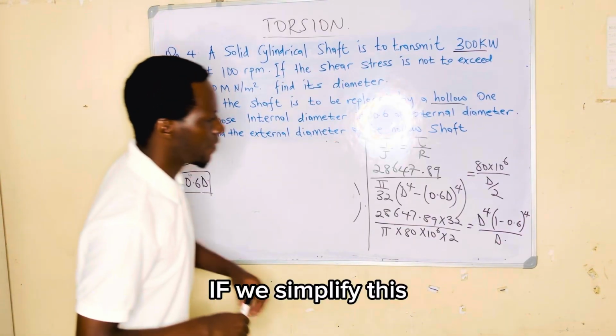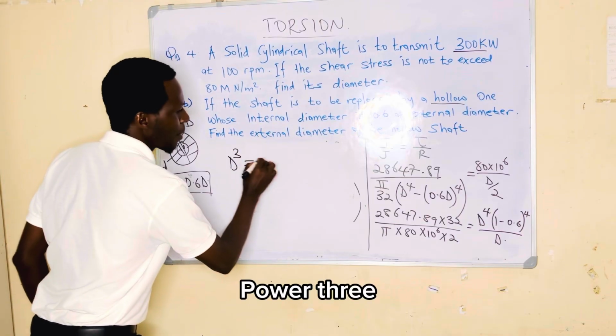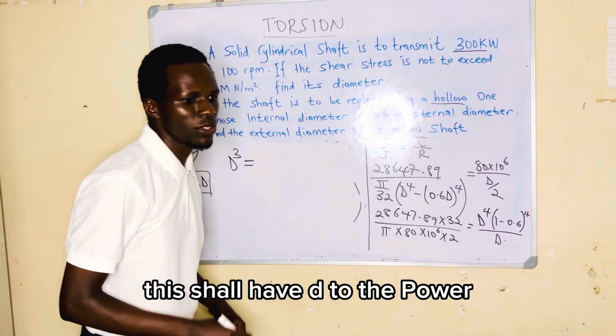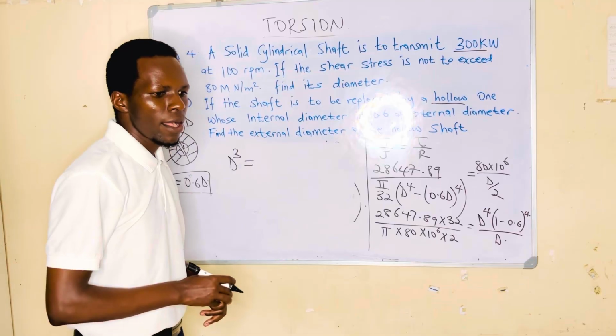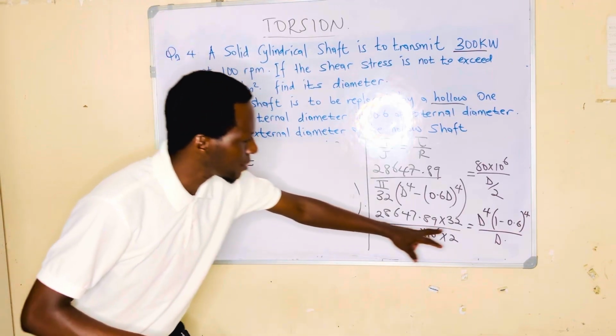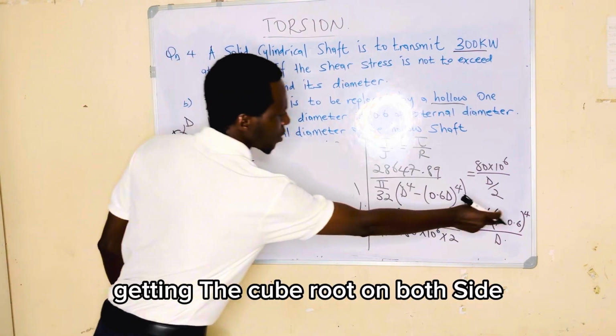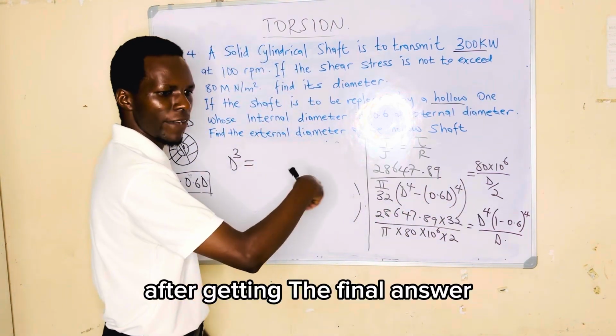If we simplify this, we shall have D to the power 3, and this reduces this. We shall have D to the power 3, and if you press this carefully, just get the cube root on both sides after getting the final answer.